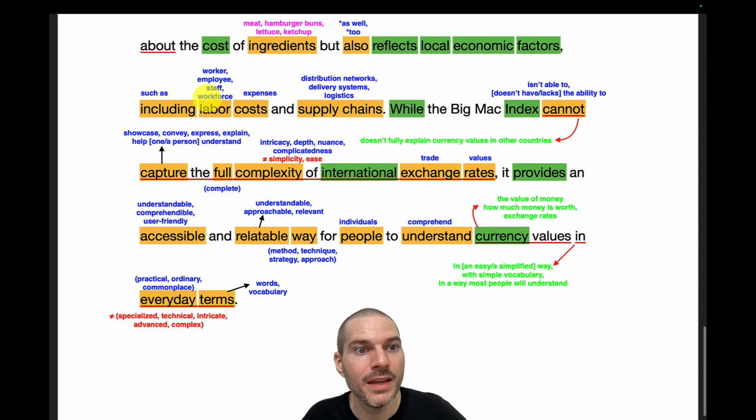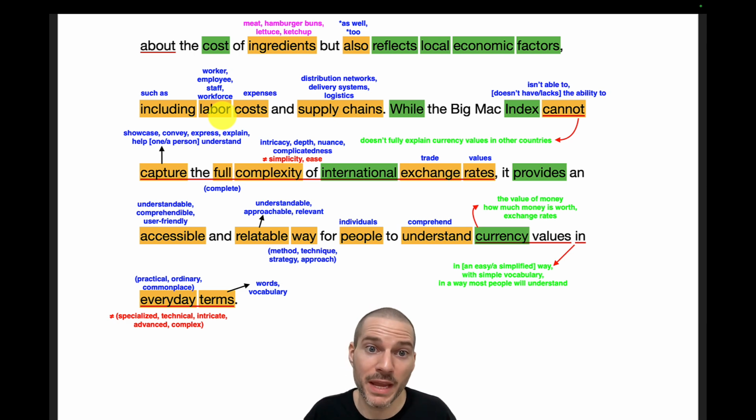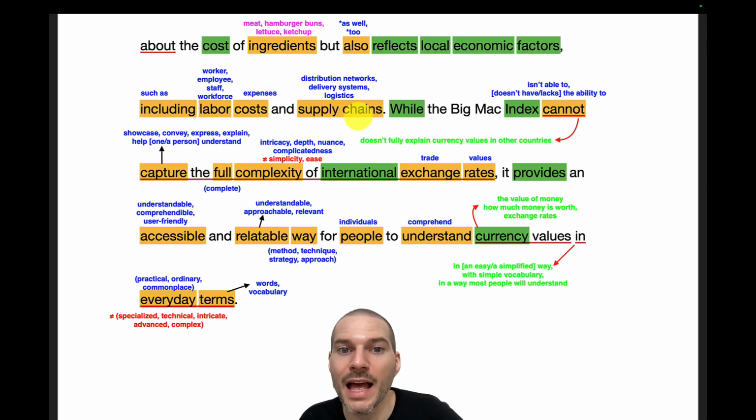Let's keep reading. Including or such as labor costs. So labor, that's the money you have to pay your workers. Worker, these are the synonyms for labor. Worker, employee, staff, or workforce. Costs are expenses, the money you have to spend on your workers. And supply chains.